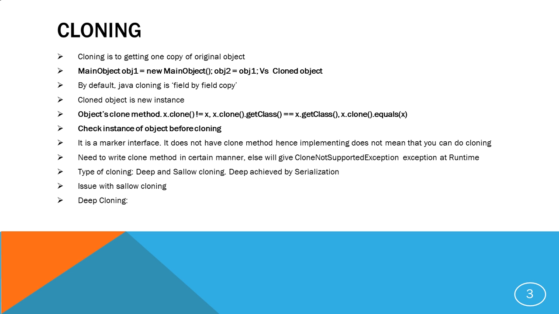I will tell you. And the last way is doing this by serialization. Serialization is like passing an object over the network. So by doing serialization you can get the deep copy, deep cloning. Okay, serialization I will tell you later.